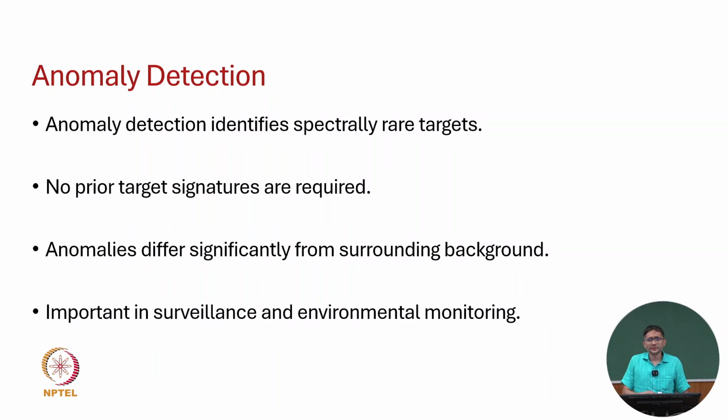Anomalies differ significantly from the surrounding background. That's what makes it an anomaly, right? If it was very similar to the surrounding background, then it would have become part of the background itself. And thus, this is very important in surveillance and also environmental monitoring.